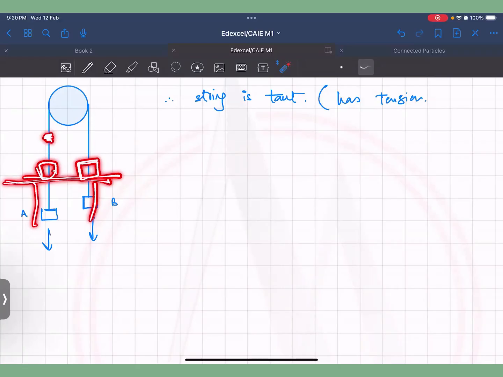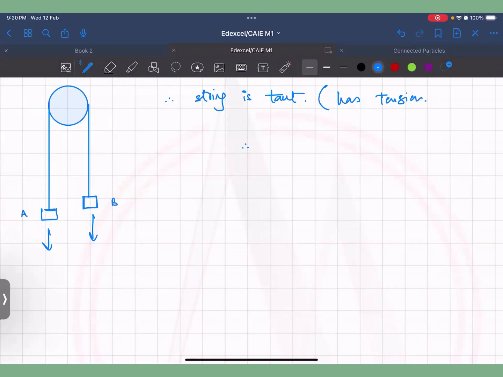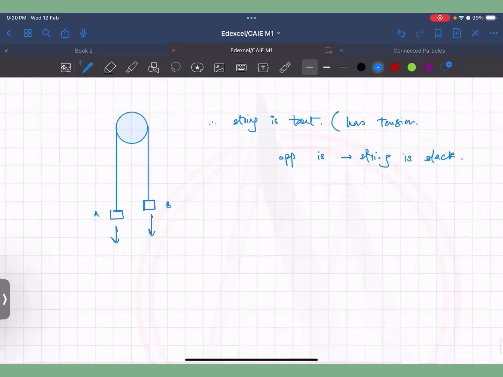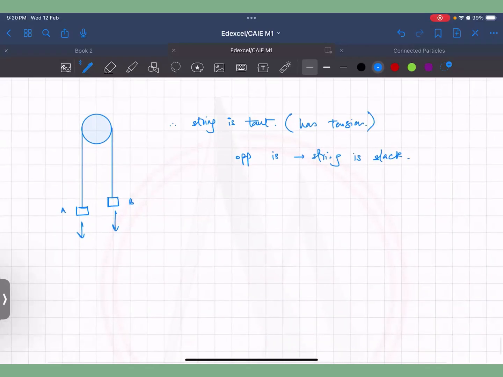We call it slack because there would be no force of tension inside the string, because the weight is now being held by my hand. So the opposite of the string being taut is that the string is slack. When the string is not supporting the mass, when the string is not tight, it is slack. There is no force of tension inside the string. I hope that you understand this. We'll have situations like this.